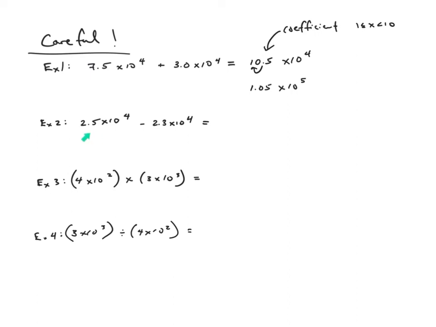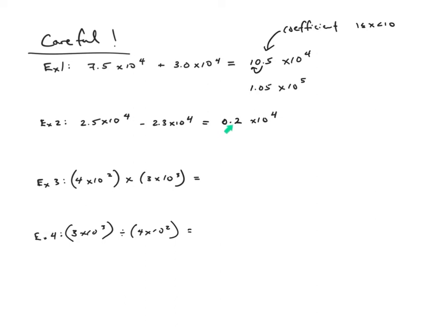Okay, let's look at the second example, 2.5 times 10 to the 4th minus 2.3 times 10 to the 4th. Again, the exponents here, 10 to the 4th, 10 to the 4th, those are equal, so I can subtract it. 2.5 minus 2.3 is 0.2, and then it would be times 10 to the 4th. But just like we saw before, my coefficient must be greater than or equal to 1 and less than 10.